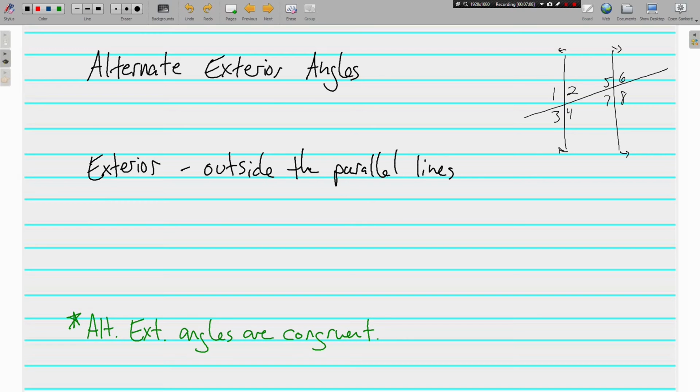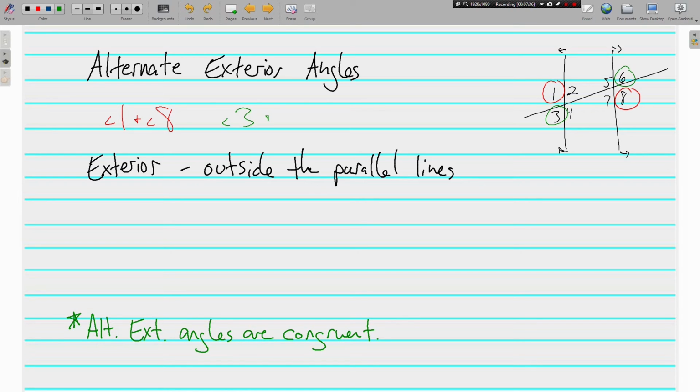Alternate exterior angles: angle 1 and angle 8. They're on opposite sides of the transversal, but they're outside of the parallel lines. What's the other pair? Angle 3 and angle 6.